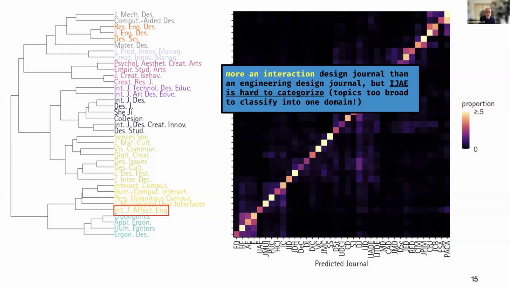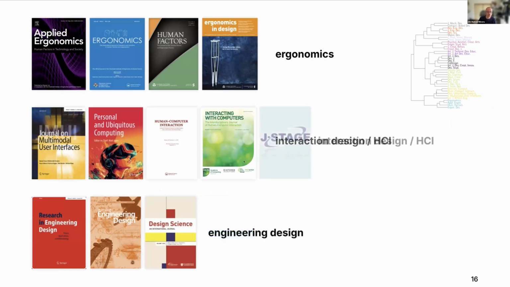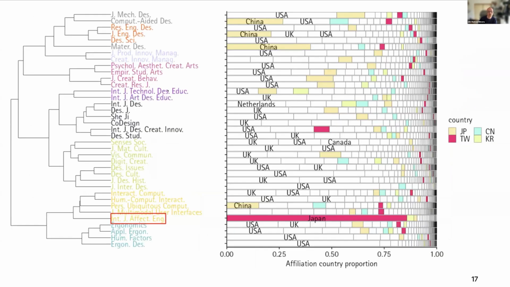But IJAE is really hard to categorize because the topics are too broad to classify into one domain. At first I thought IJAE was an engineering design journal, but actually it was more closely related to these interaction design journals, or ergonomics journals.